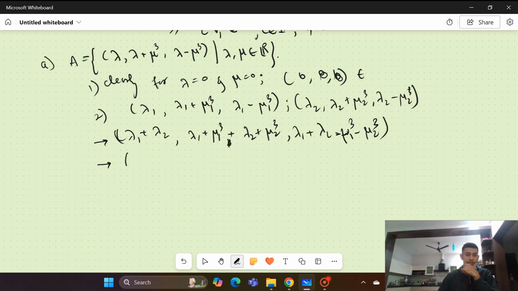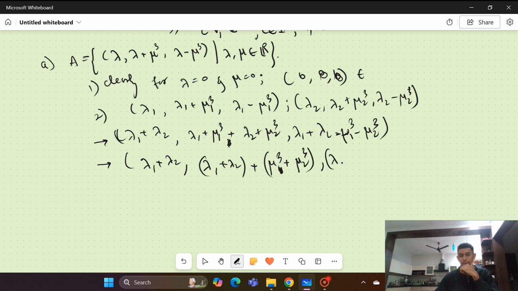Let's rearrange everything for convenience, with mu 1 cube plus mu 2 cube. This is the summed vector. These are both assumed to be elements of V, and we have to show that the result is an element of R cube, which is why we use 0, 0, 0.